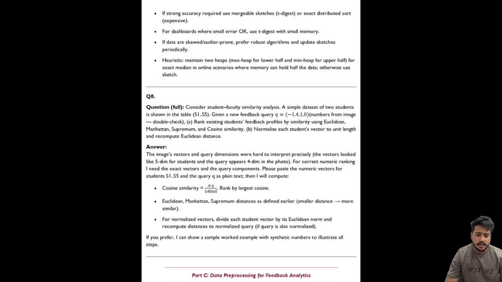As you can see in the previous question, I have already defined the Euclidean, Manhattan and supremum distance. So here for the normalized vector, divide each student vector by its Euclidean norm and then recompute the distance.